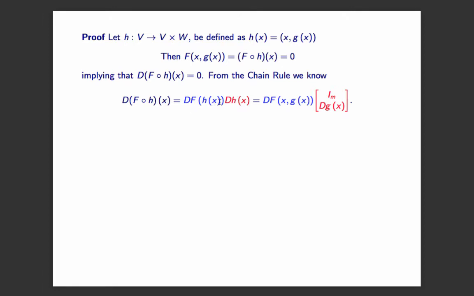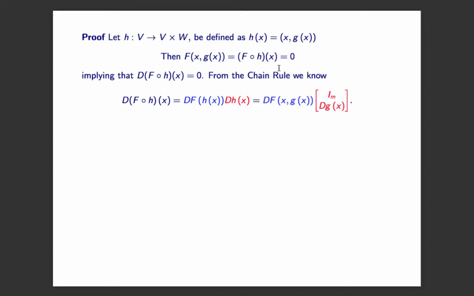So what is h of x? Well, h of x is by definition x comma g of x. What is the derivative of h? Well, the derivative of the first entry of h is just the identity, and the derivative of the second entry is just the derivative of g. So we get this.